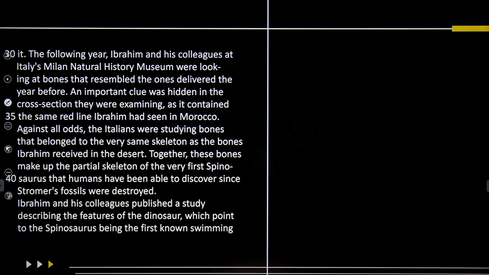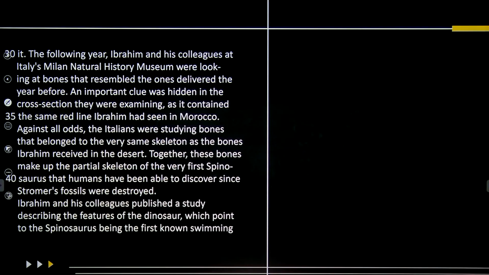Okay, now we are talking about the red line. The following year, Ibrahim and his colleagues at Italy's Milan Natural History Museum were looking at bones that resembled the ones delivered the year before. An important clue was hidden in the cross section they were examining, as it contained the same red line Ibrahim had seen in Morocco.